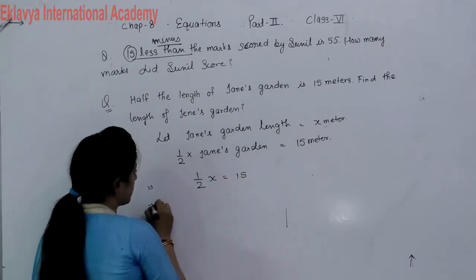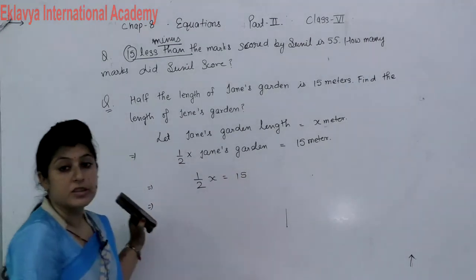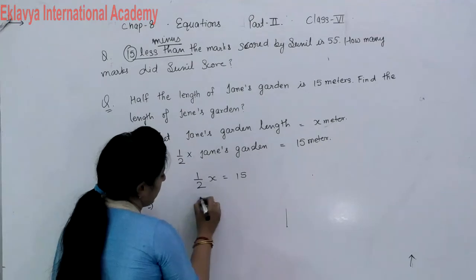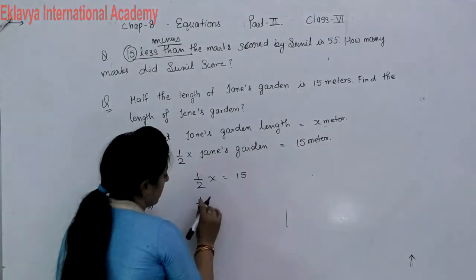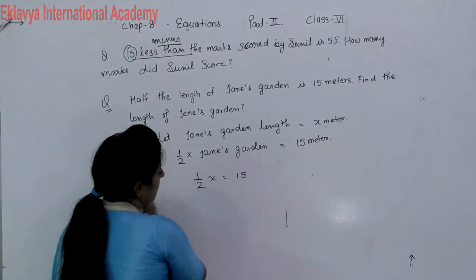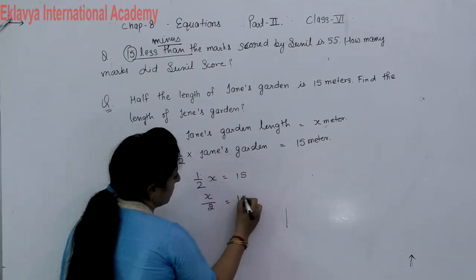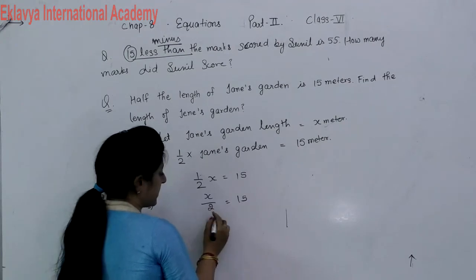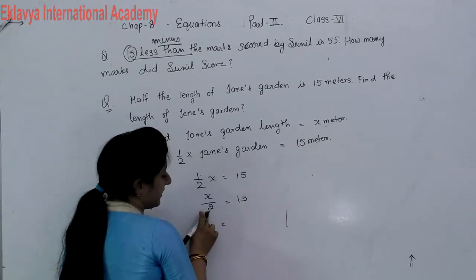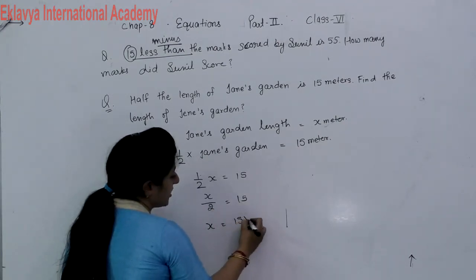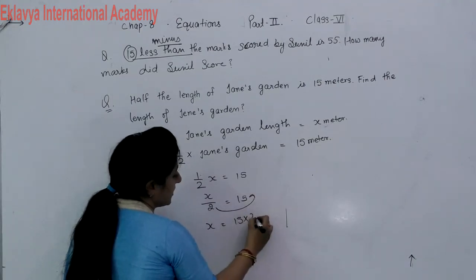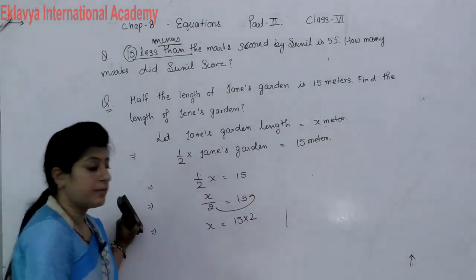If we use the transposition method, then it becomes 1/2. Sorry, this is 1 multiplied by x, x by 2 is equal to 15. Division is x divided by 2. So when you change the side, this will change into multiplication.